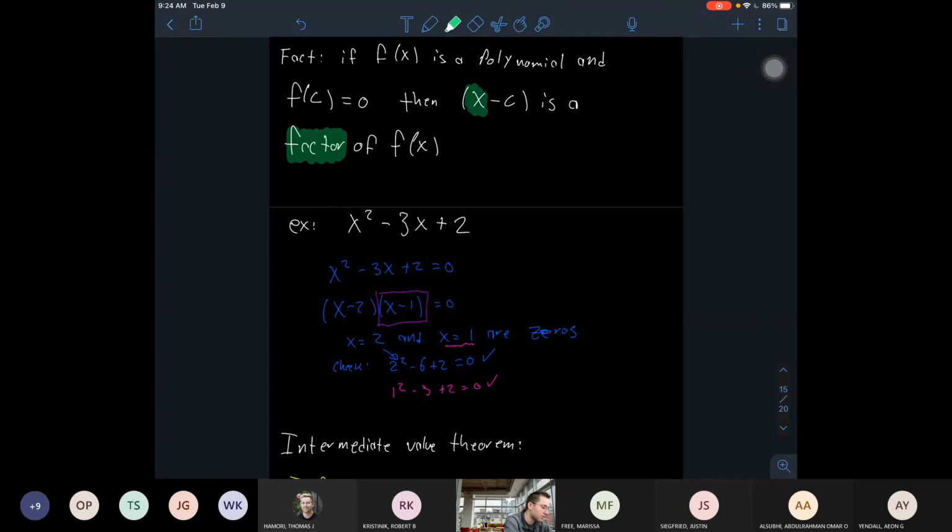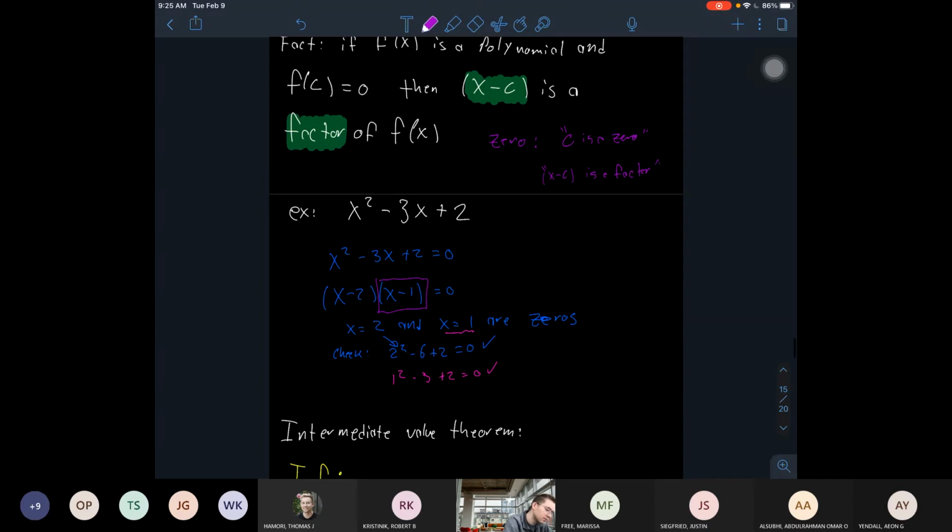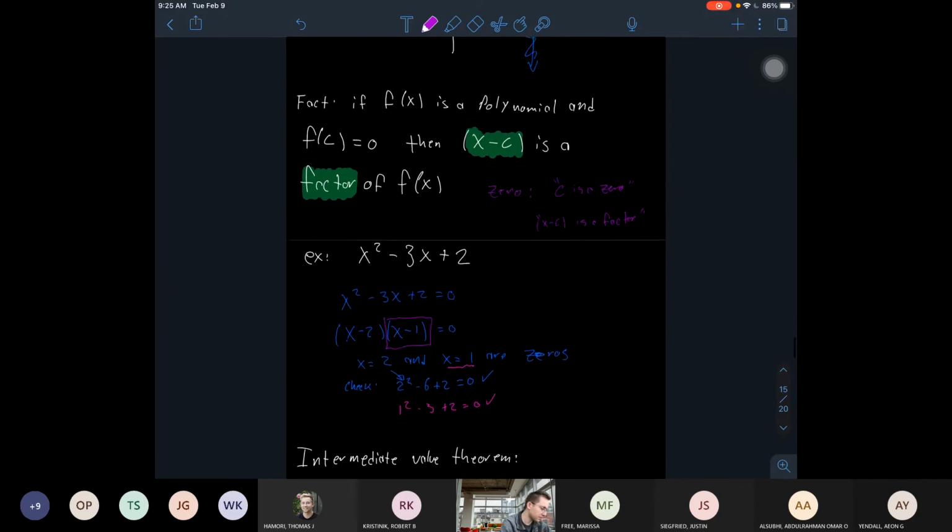A factor looks like x minus c, and for a zero, we just say c. We just say c is a zero. That's how we talk about zeros. And we would say x minus c is a factor. So that's the terminology.